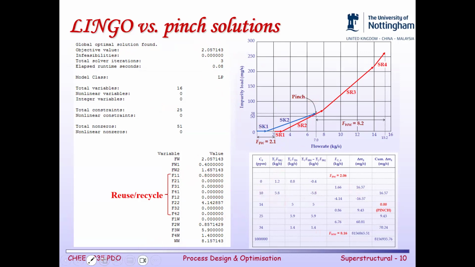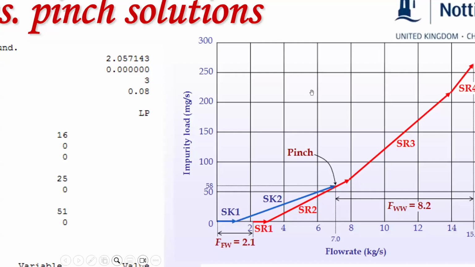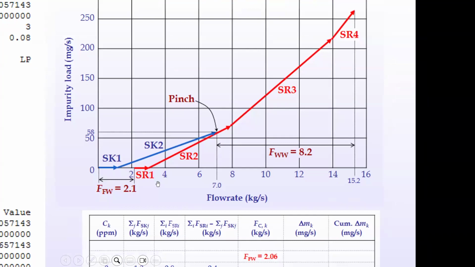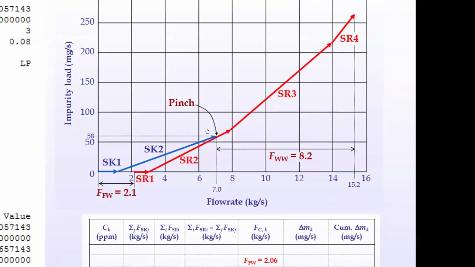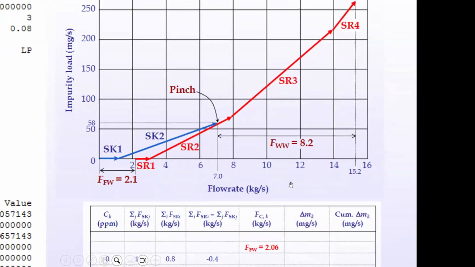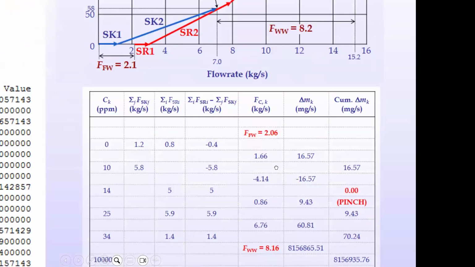Comparing the answer with the graphical or the pinch solution, actually the answers are the same. Let me zoom in if I can. In the pinch method, what we obtain is 2.1 fresh water and 8.2 wastewater. Please refer to our previous lecture on the pinch method for this problem.